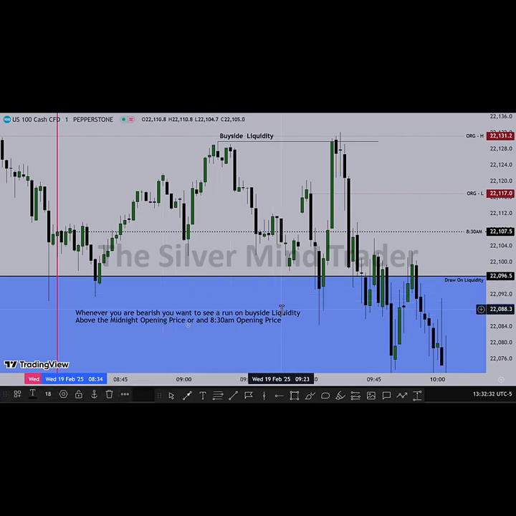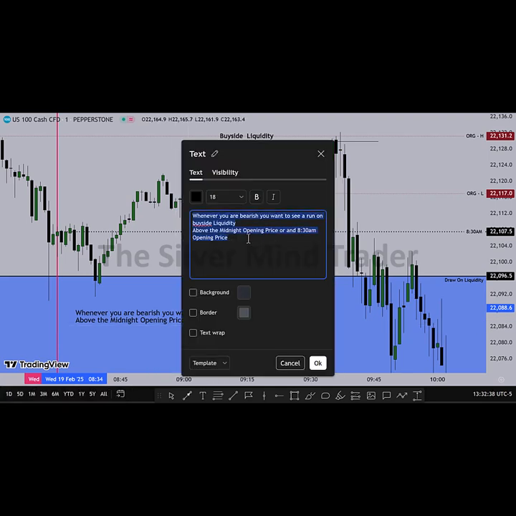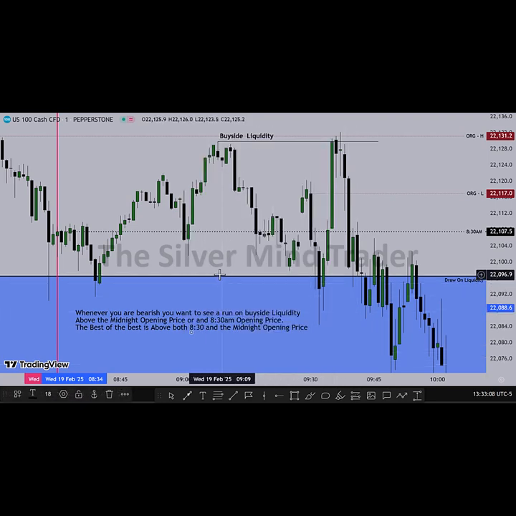Either of them works, but the best of the best is when you are above them and there is a run on buy side liquidity at both of them together.